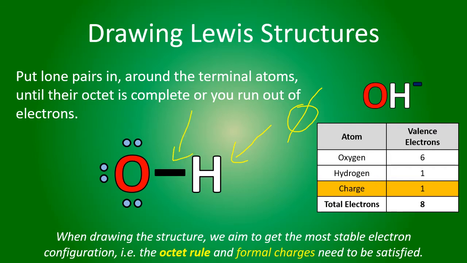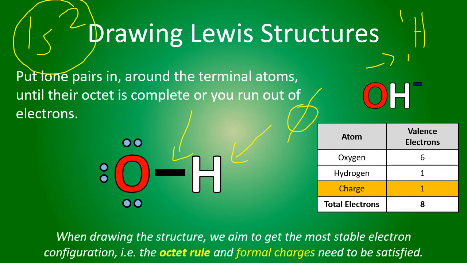And there are no lone pairs of electrons because it's so small. If you remember the structure of hydrogen, it's 1s1. It's just got 1 electron. That 1 electron is in the 1s, and the 1s can only accept 2. So as soon as you put a bond to hydrogen, the 1s2 is full. And that's it.